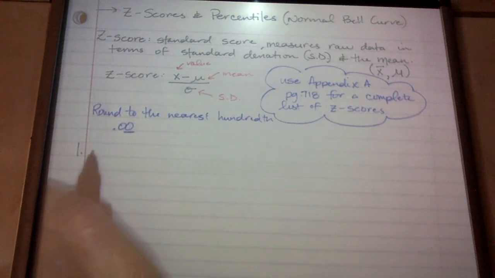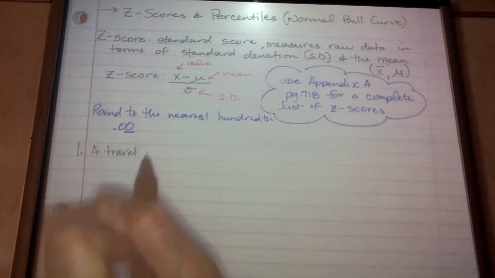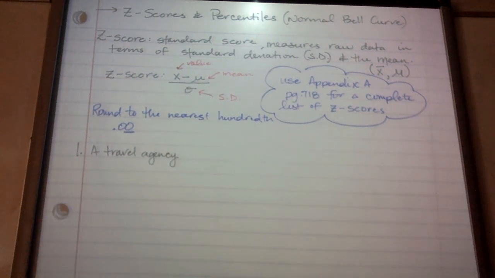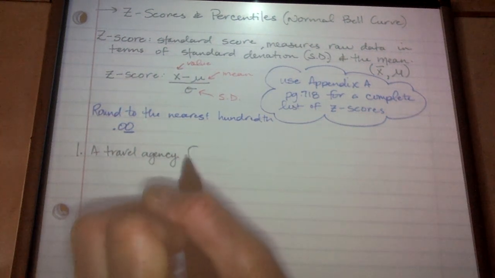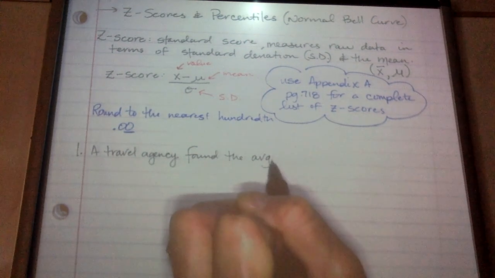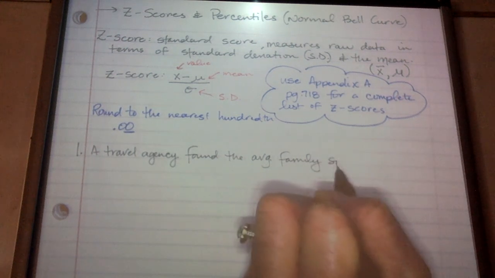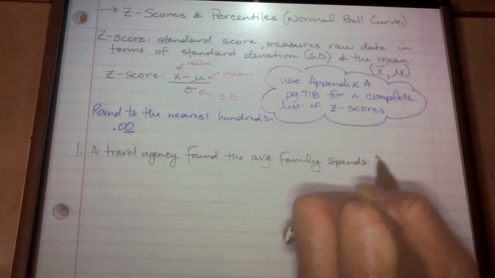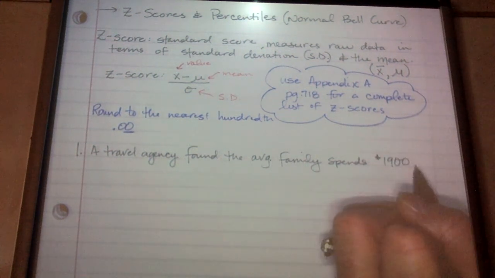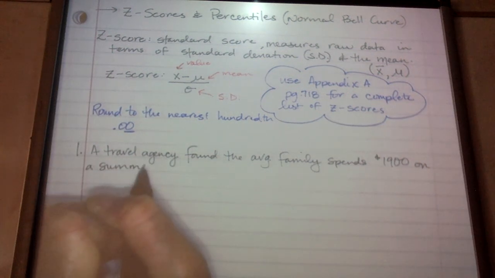So I'm going to try to use shorthand. A travel agency found the following data for families who go on a summer vacation. The average family spends $1,900 on a summer vacation.